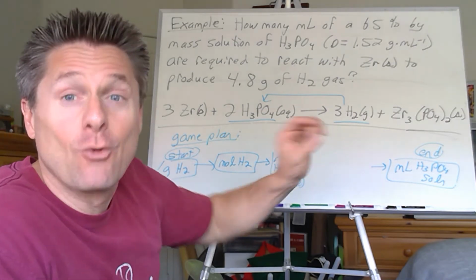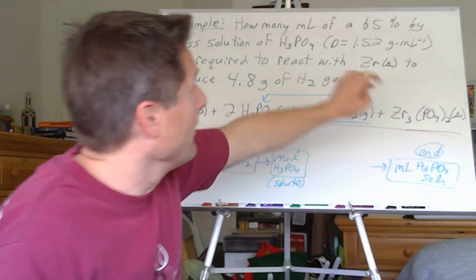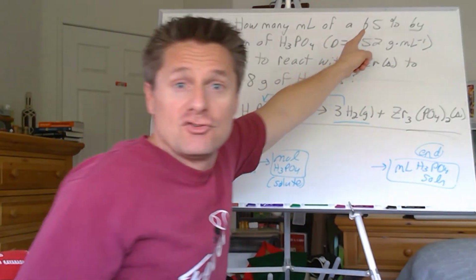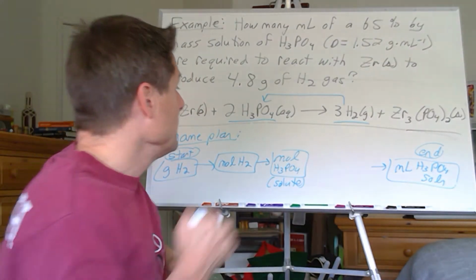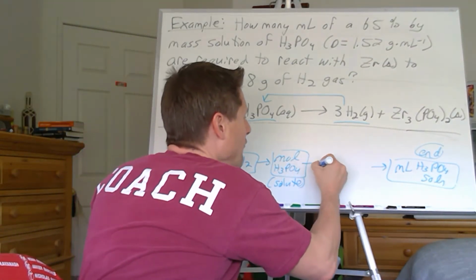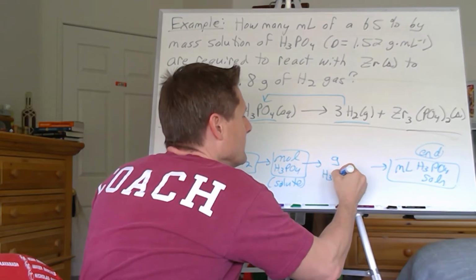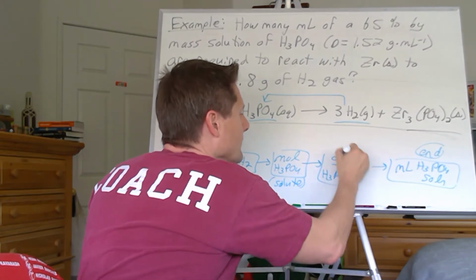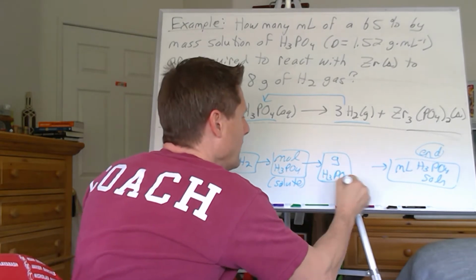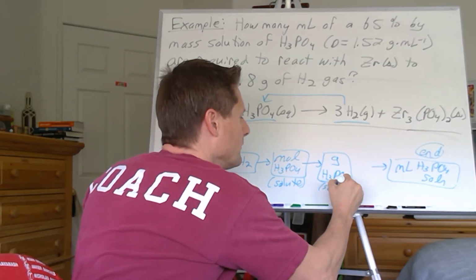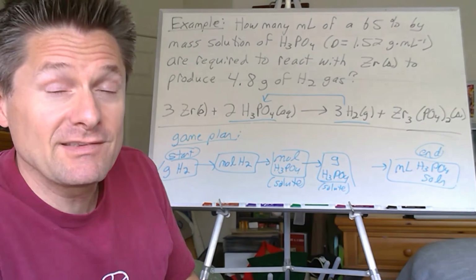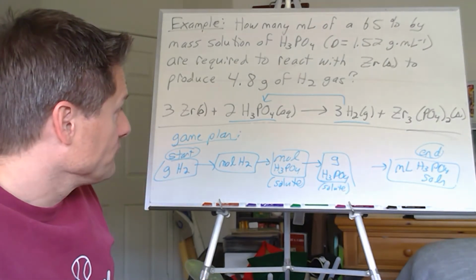I need to get to grams of solute, and then I can go 65 grams of solute to 100 grams of solution. So I've got to get moles of H3PO4 to grams of H3PO4, and this is the solute still. This is where students get confused. This is much harder than the other one.